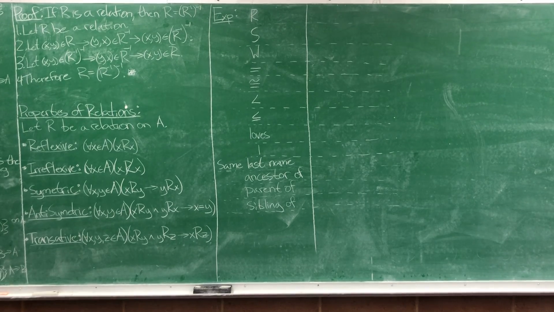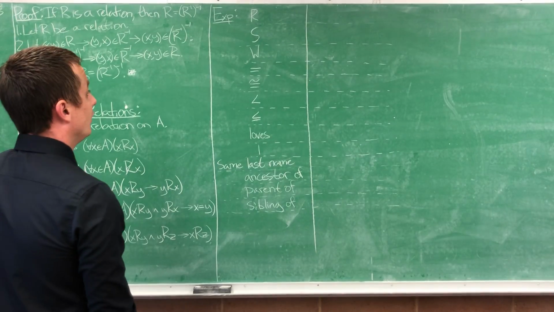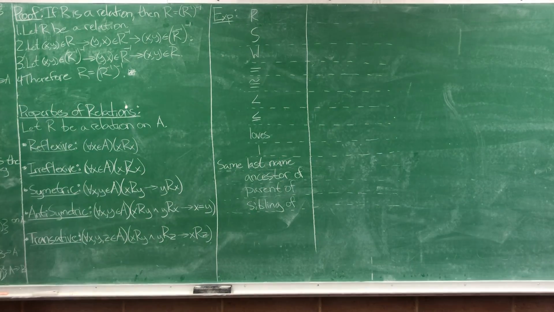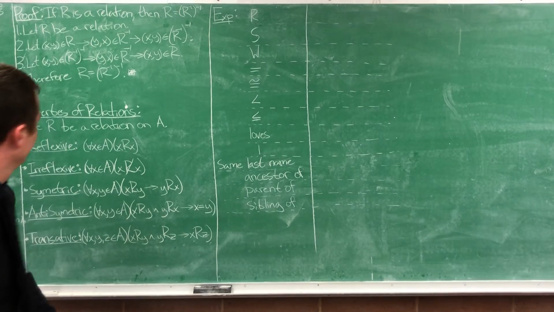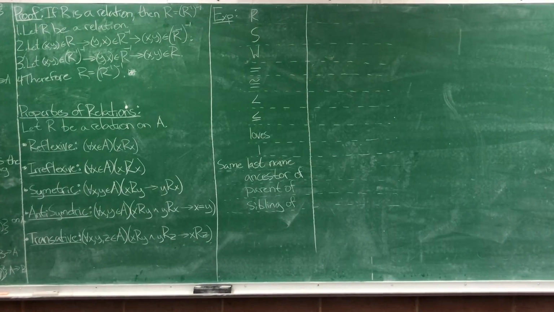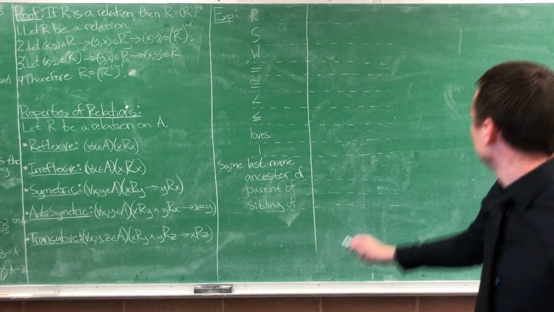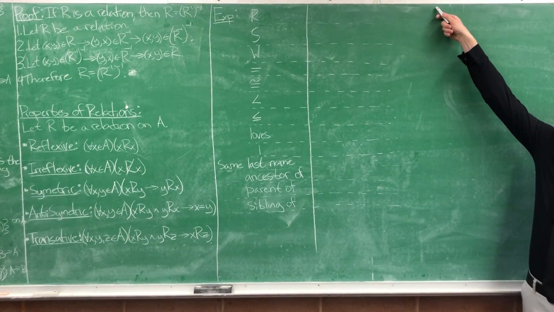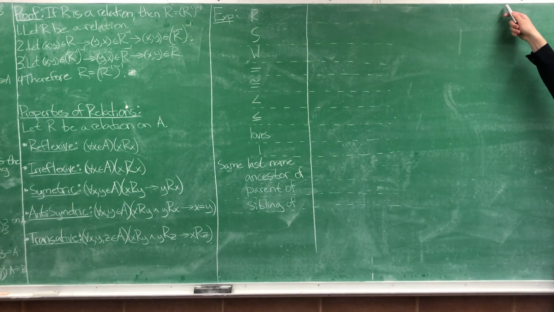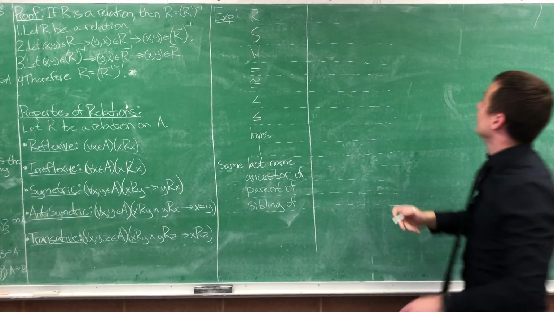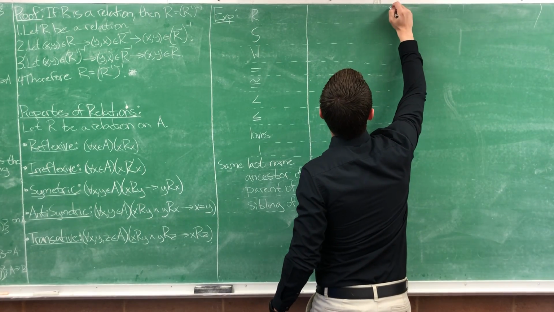Now you can't see the relation R. How far can we go? I made my screen too dark. Look on that phone and tell me when you can still see my chalk. Yes, you can go a ways. Stop. So somewhere like right there? Alright, let me just rewrite R really quick right here.